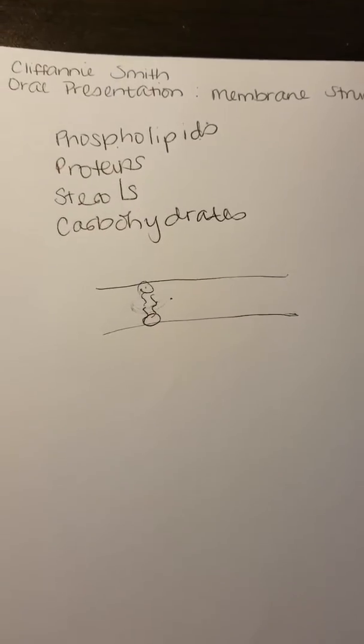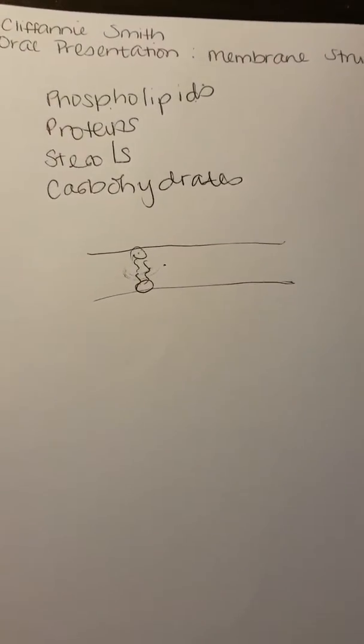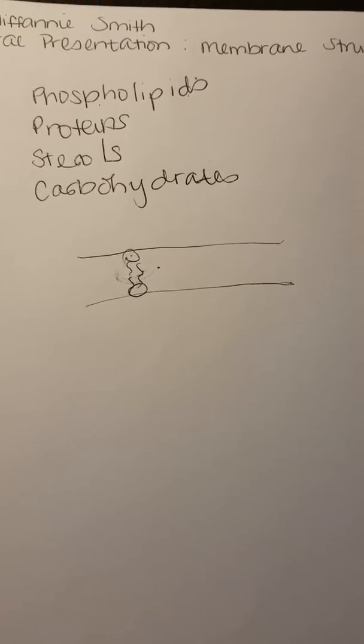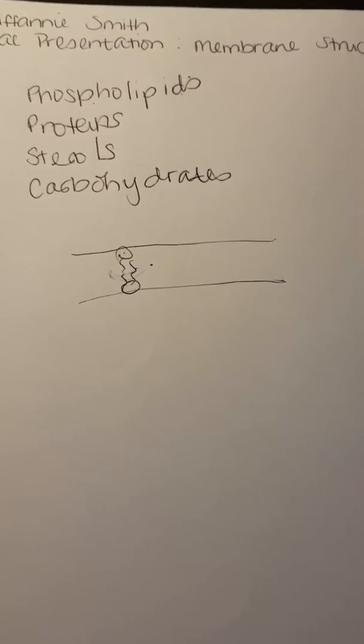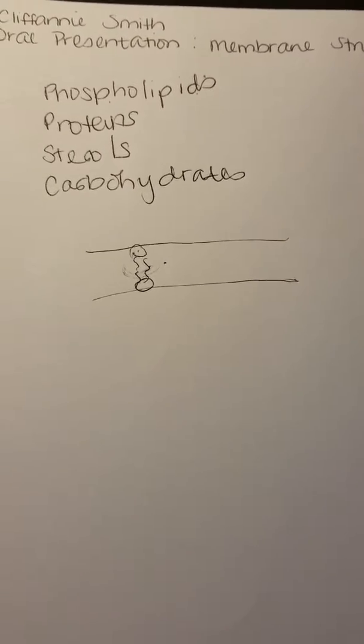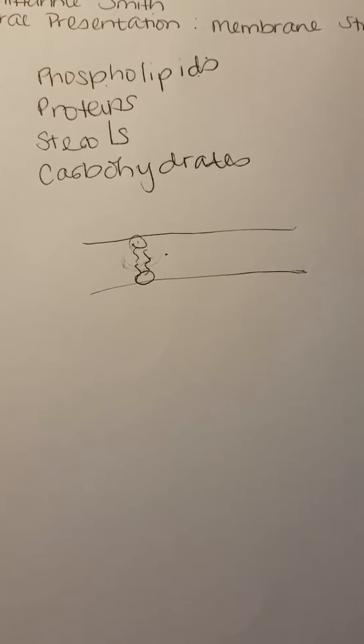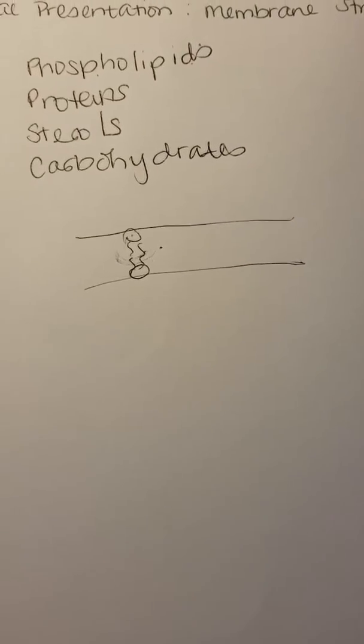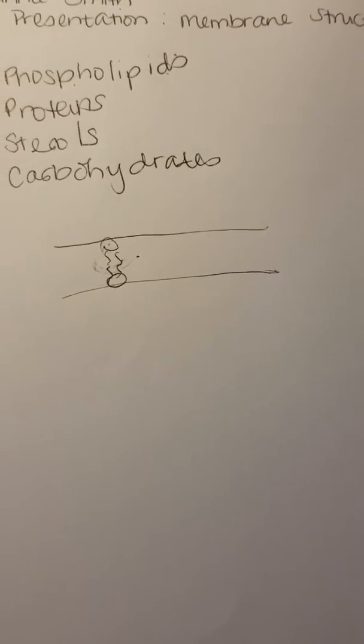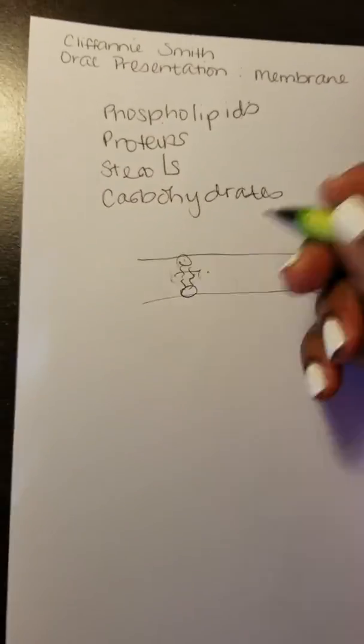So integral proteins' location is inside the fatty acid tails. So it has a hydrophobic R group, because we already concluded that the hydrophobic R groups are going to prefer to interact within the fatty acid tails.